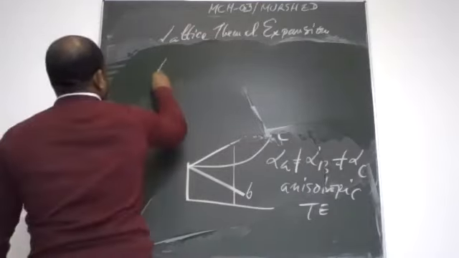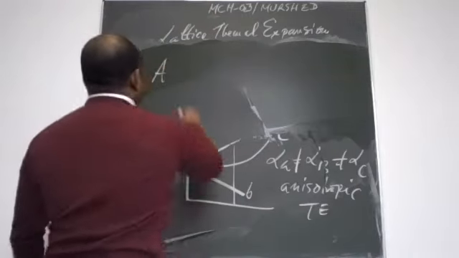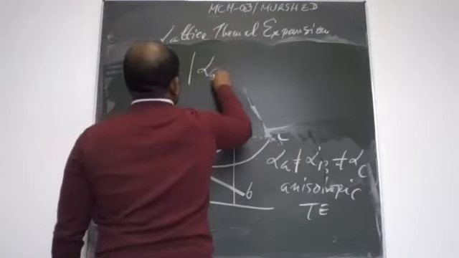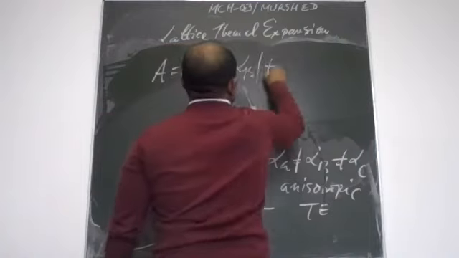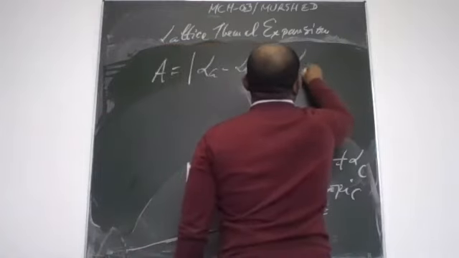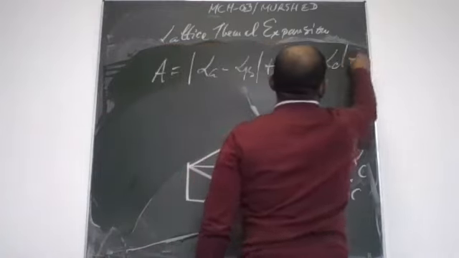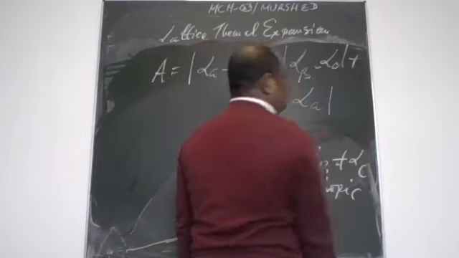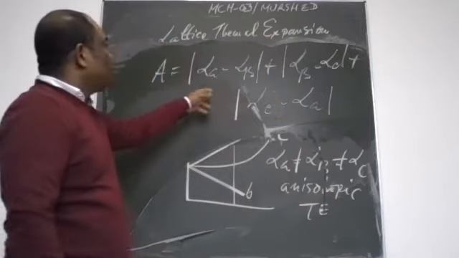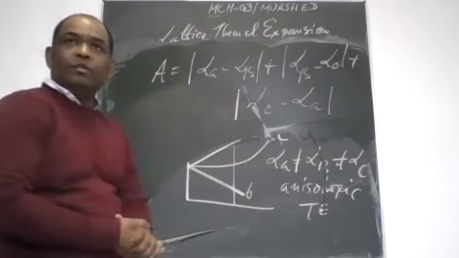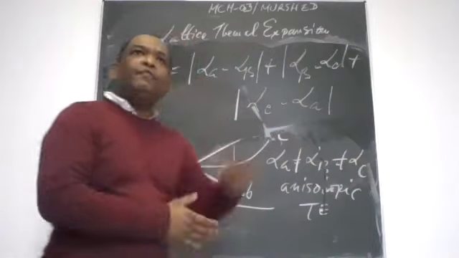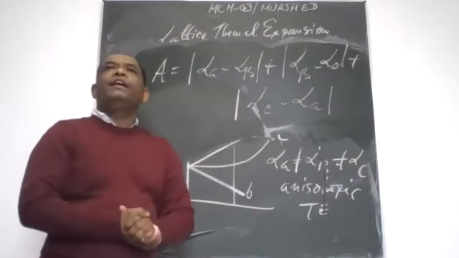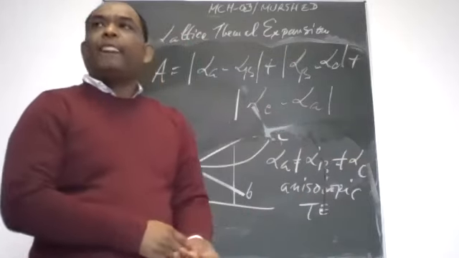That means it is sometimes written as modulus of alpha A minus alpha B plus modulus of alpha B minus alpha C plus modulus of alpha C minus alpha A. So if the value is 0, isotropic thermal expansion. If the value is more than 0, it is anisotropic thermal expansion.